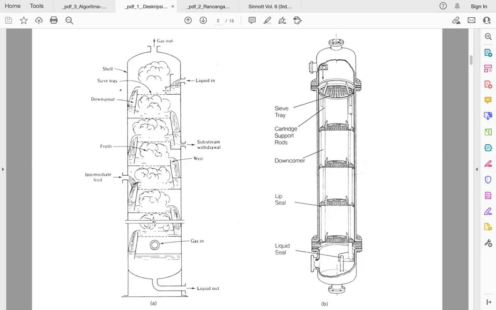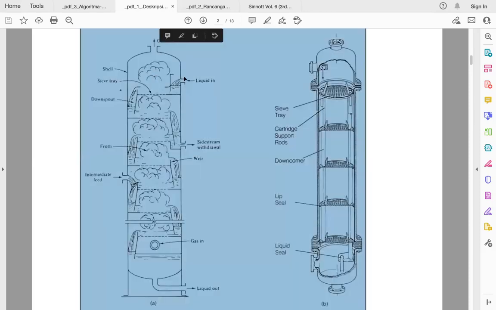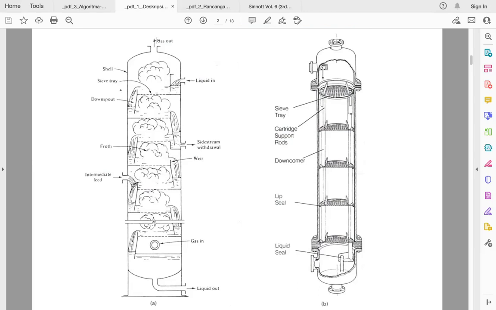After that it will leave at a new equilibrium, where the liquid with the new equilibrium composition will go down in the downcomer there, and the new vapor composition is leaving this tray with the new vapor composition.